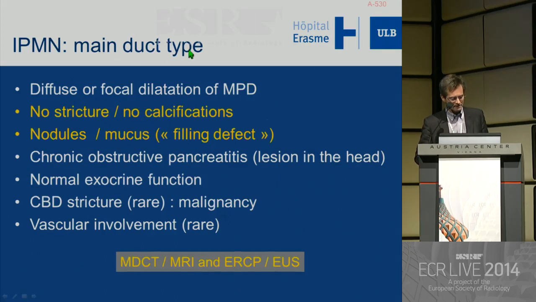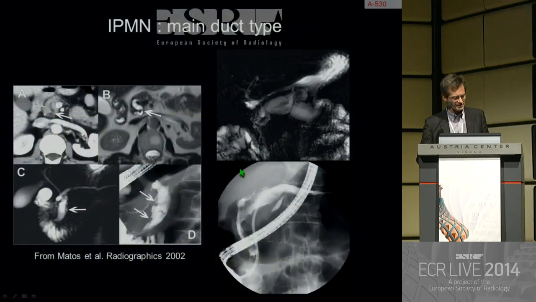Now, for the main duct type, as I mentioned, the most important thing is that in the majority of the patients, if you want to do the differential diagnosis with chronic pancreatitis, you have no strictures and you have no calcifications. We should detect the nodules and look at mucin by looking at a filling defect. Just an example here, comparing CT, ERCP, and MRCP.